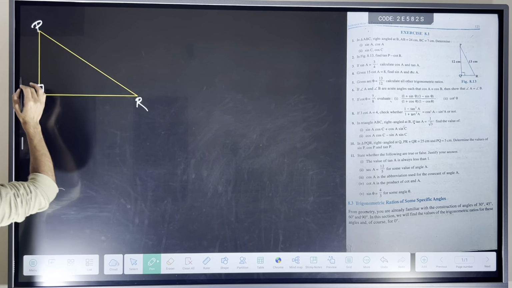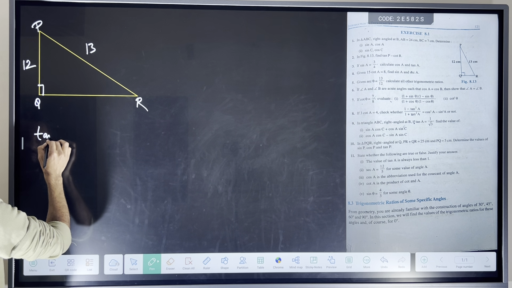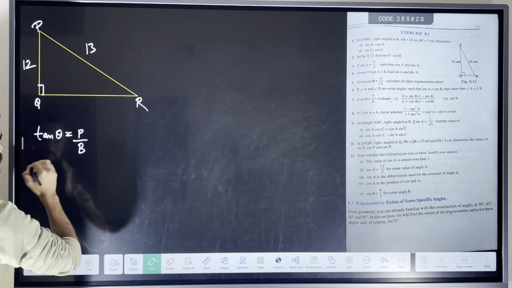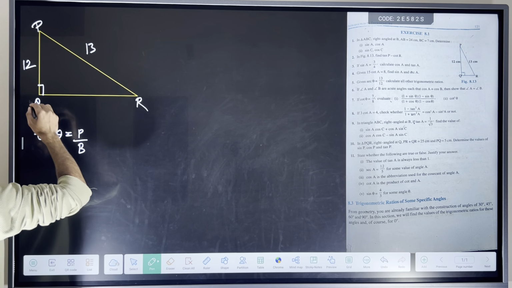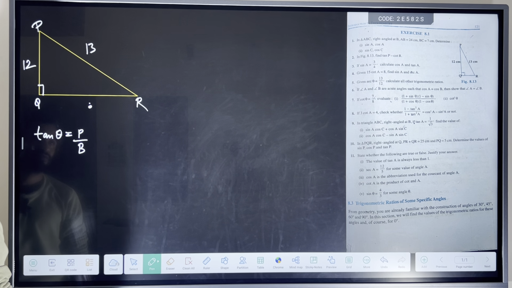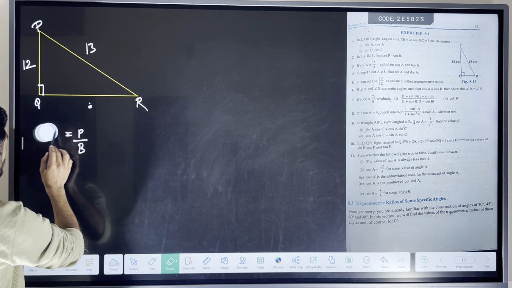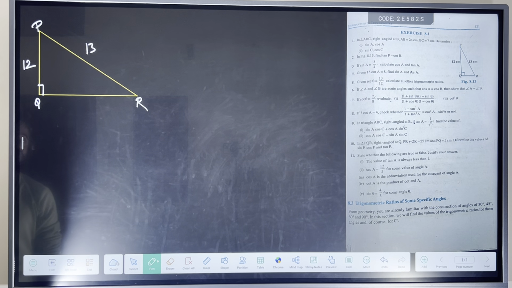So first we need to find tan P. Now we know that tan of angle theta is equal to perpendicular upon base. For P, this is base and this is perpendicular. So first we need to find this side. So again we will apply Pythagoras theorem.